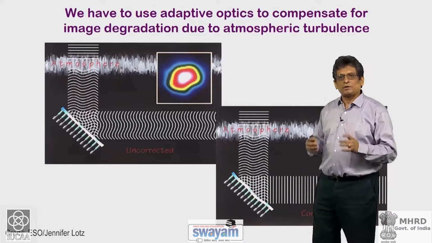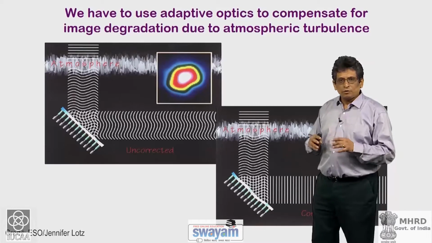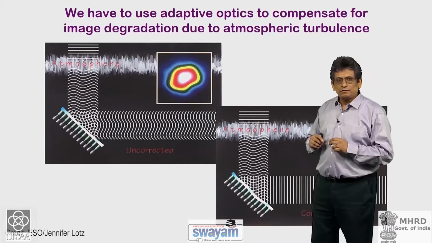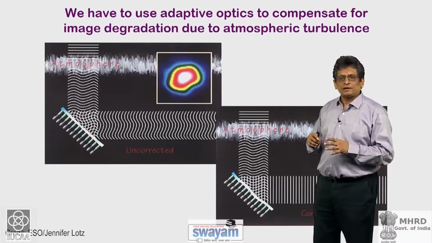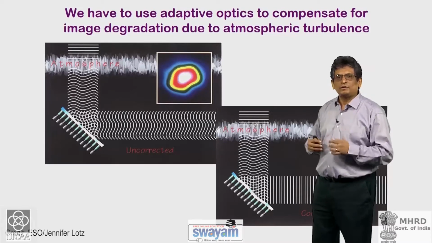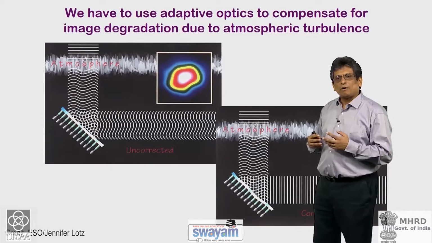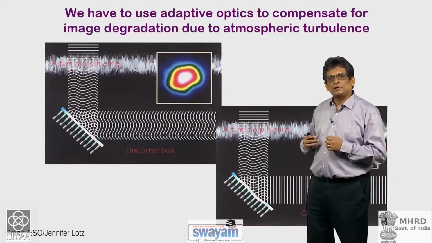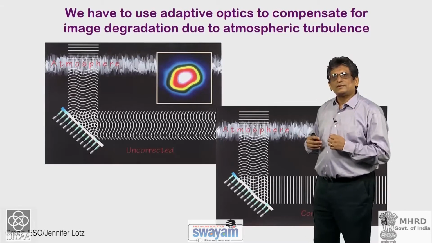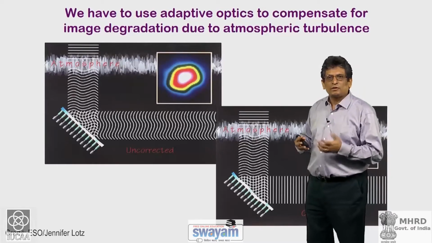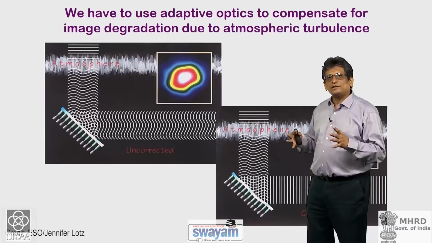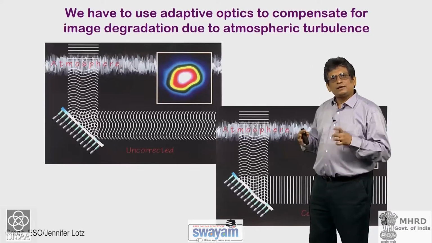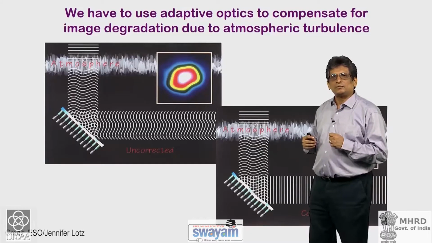So one of the things that we need to establish this is a very different kind of telescopic observation. If we want to look at the stars right near the middle of our galaxy, we need a resolution of much better than a second of arc, which is the normal resolution of the telescopes that we use due to the turbulence of the atmosphere. To compensate for that, there is a new technology called adaptive optics, which changes the shape of a mirror or an assortment of mirrors in real time to compensate for atmospheric turbulence.